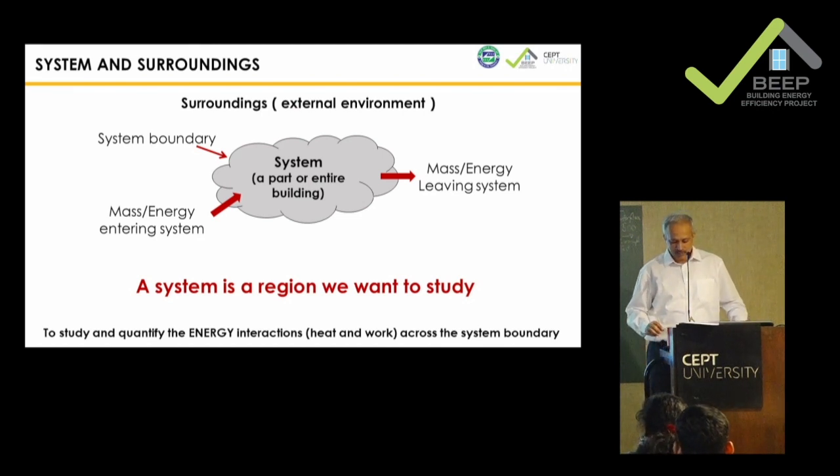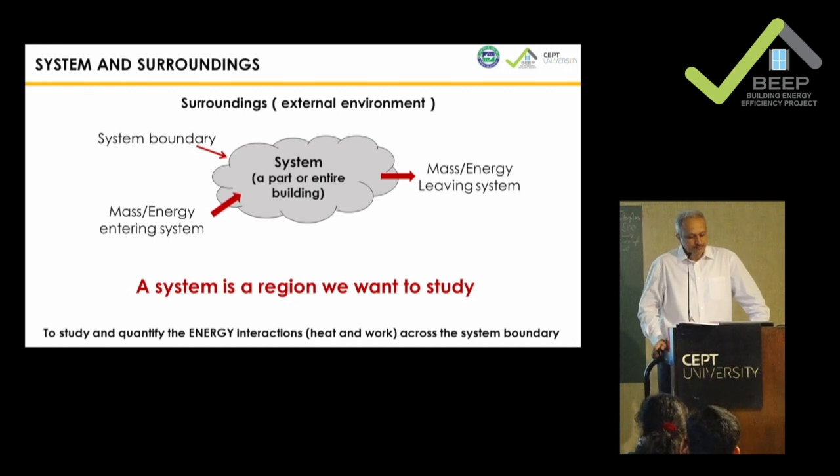So that's in brief the system boundary. The mass or energy which is leaving the system, and the mass or energy which is impacting the system, is what we will be focusing on most of the time, at least in these 2 days, and later on as well.